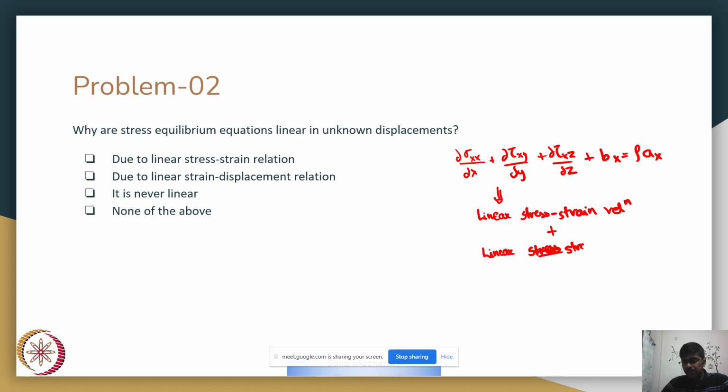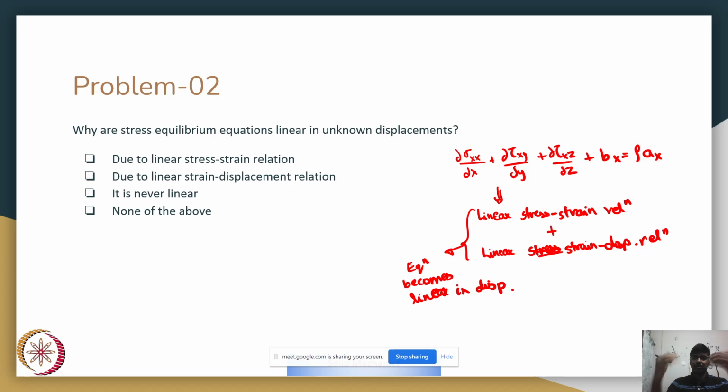Once you use these two equations combined with the above stress equilibrium equation, your overall equation becomes linear in displacement. So to go through this transformation, you need linear stress strain relation as well as linear strain displacement relation. So options A and B.